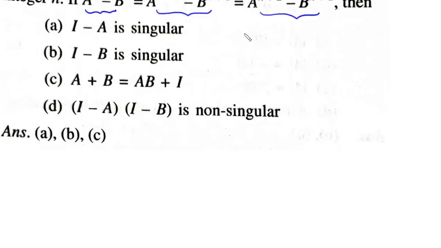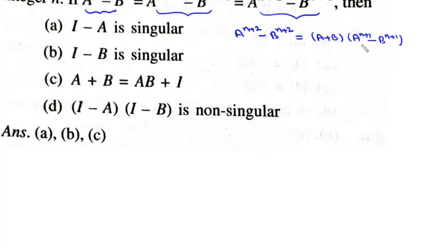Now what we'll do is, we'll start with A to the power n plus 2 minus B to the power of n plus 2. Now we can write this as A plus B into A to the power n plus 1 minus B to the power of n plus 1.